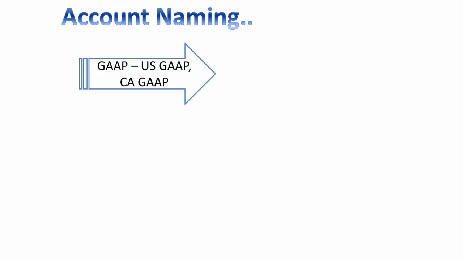Let us look at how account naming conventions evolved. There may be some accounts based on generally accepted accounting principles, for example US GAAP or Canada GAAP, or any other country's GAAP. GAAP is nothing but generally accepted accounting principles.